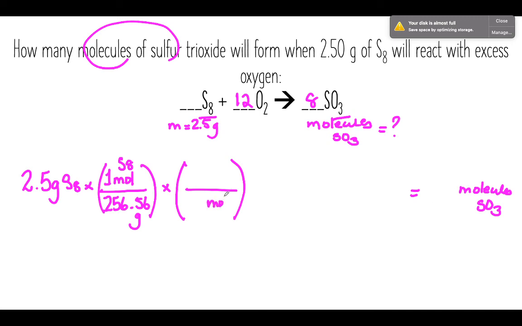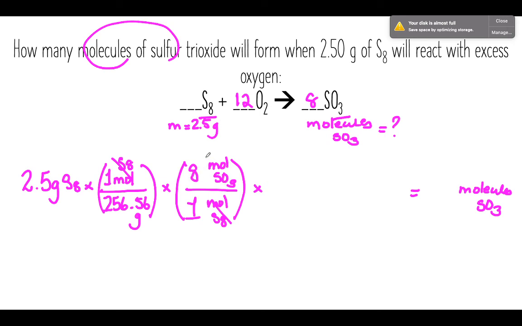So for moles of S8 to moles of SO3, I can use the coefficients that are in my balanced chemical reaction. So for 1 mole of S8, there are 8 moles of SO3. That is my mole ratio. So now my value of moles cancels out for S8. What I'm left over with is the moles of SO3.